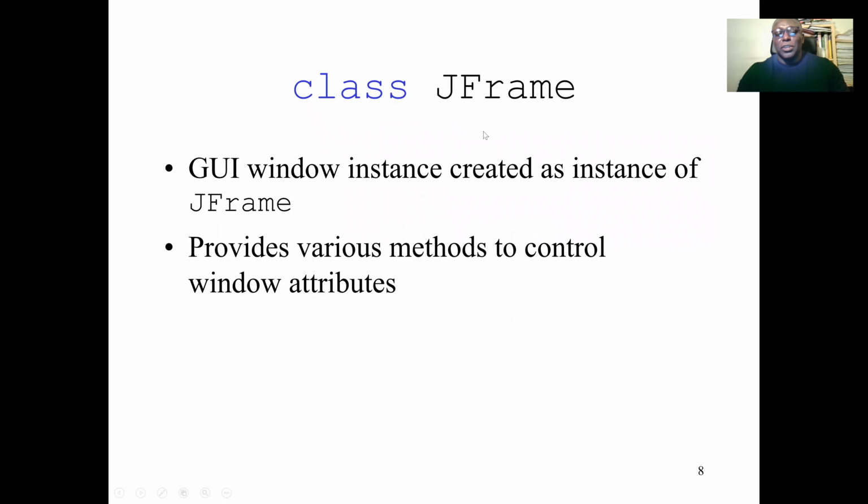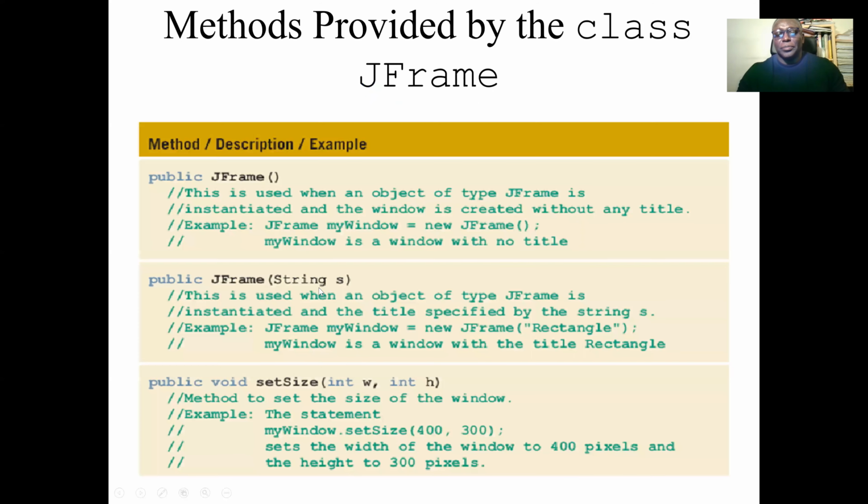So class JFrame, that's what we use to create our window. The GUI window is created as an instance of JFrame, and this provides various methods to control the window attributes. These are some of the methods in the JFrame class.